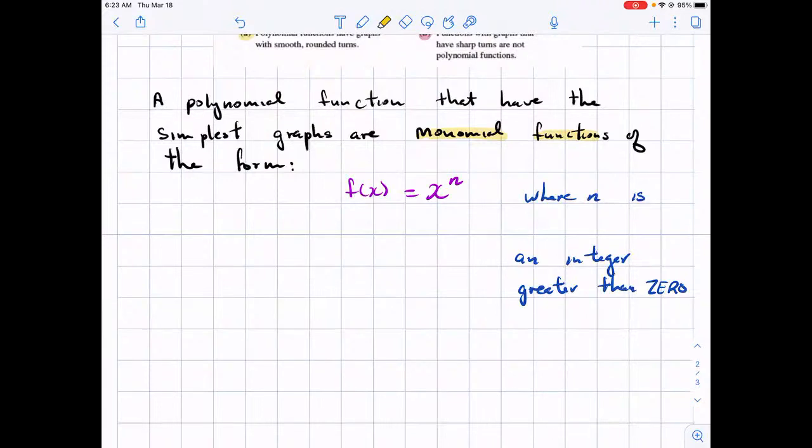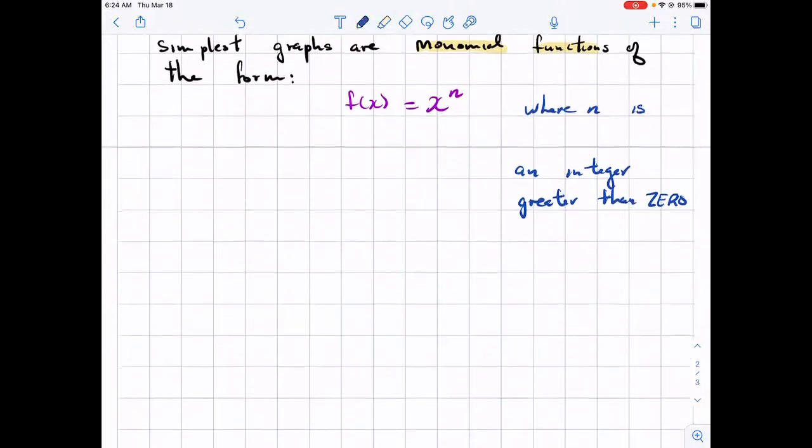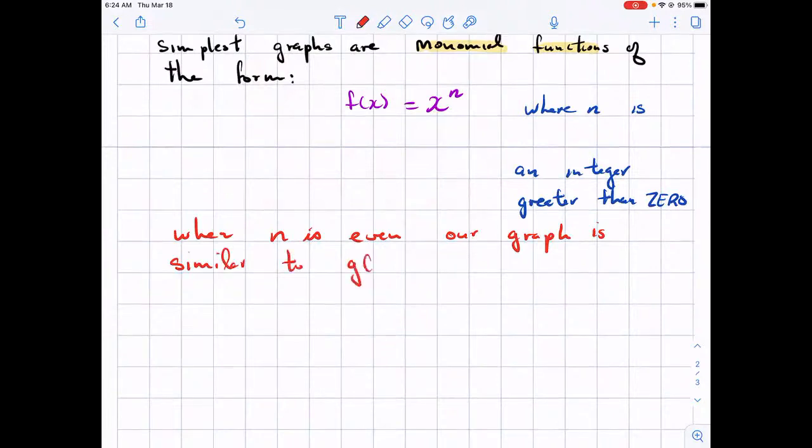Now we'll see that when n is even, the graph is similar to the graph of f of x equals x squared.